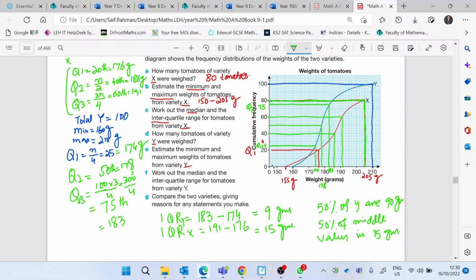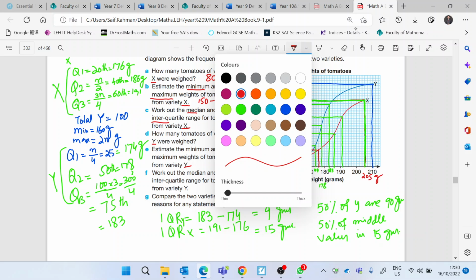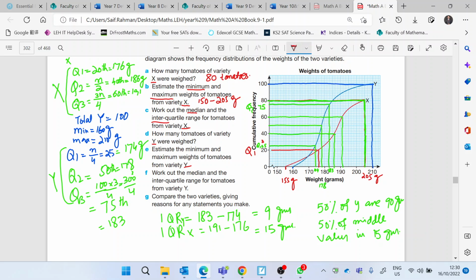And if we see the median of both of them, for the X ones, these are Y values and these are X values. For the X ones, the Q2 or median is 186 gram, whereas it is 178 gram. So the median overall, the center value for X is increased.